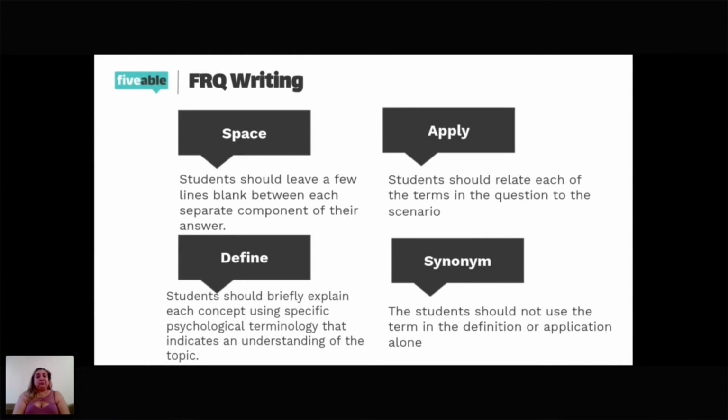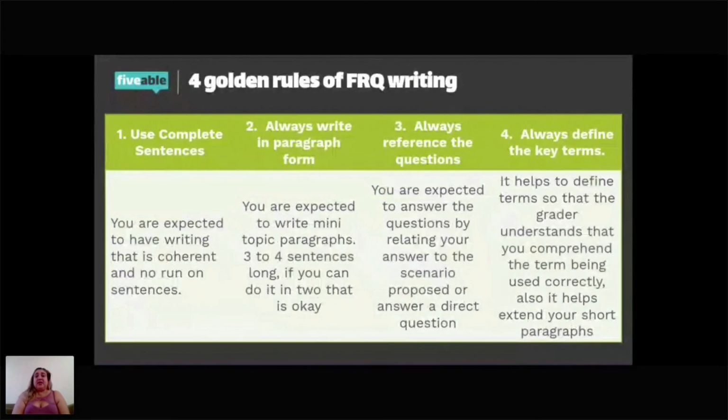Okay. So this is another thing that I have, which is 4 golden rules of FRQ writing, which is very similar to what I was telling you with the SODAS, which is spacing, definition, application, and synonym. Always when you're answering, and like I said, you can get a 4 or 5 using bullet points as long as you're using complete sentences. Answer in paragraph form. Mini topic paragraphs. Does that make sense to you all?